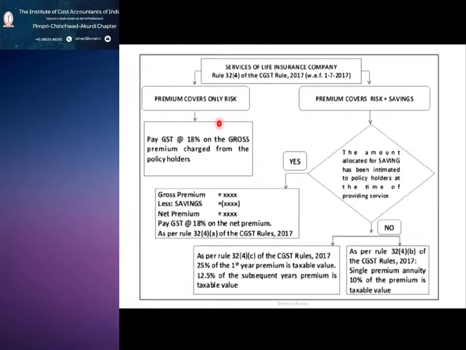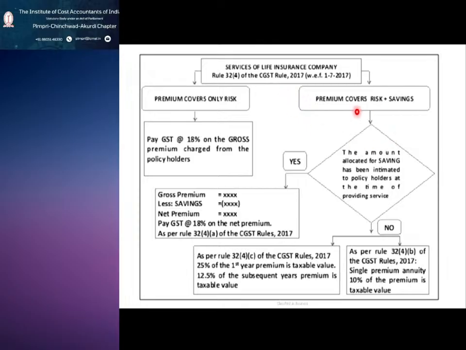So when you pay premium, you have to see whether the premium covers risk plus savings, or covers only risk. These are the two divisions in life insurance services.